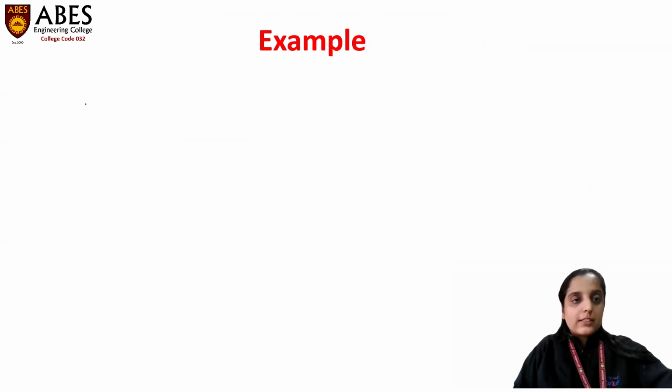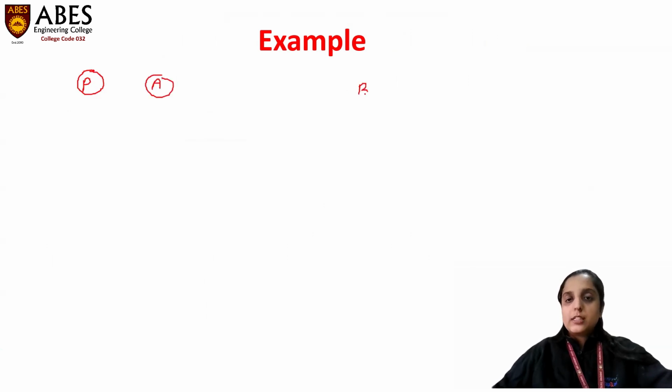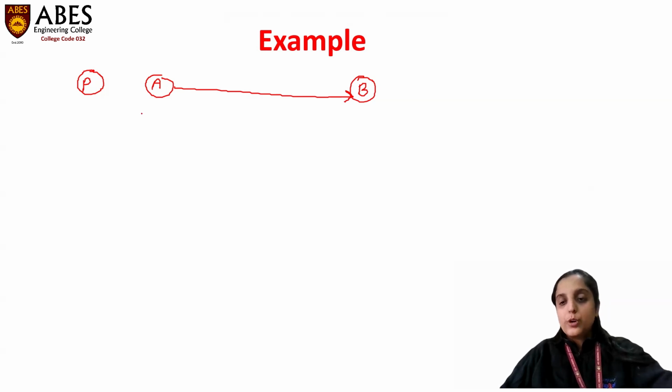Let's start with the example. If I give you one problem, P, and this problem says that you have one source and one destination, and you have to travel from this source to this destination. First I'll ask you, if you want to travel from some source to some destination, what all available options do you have?